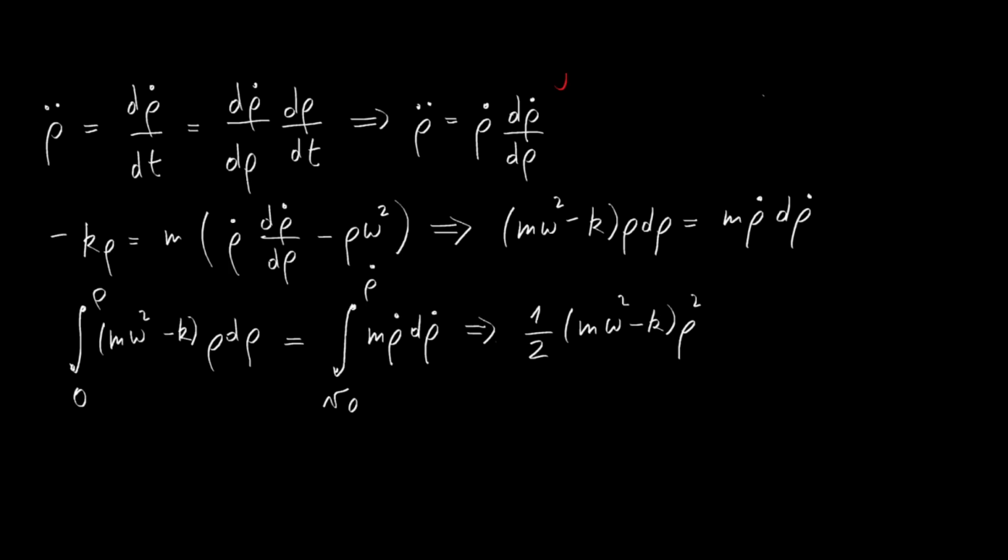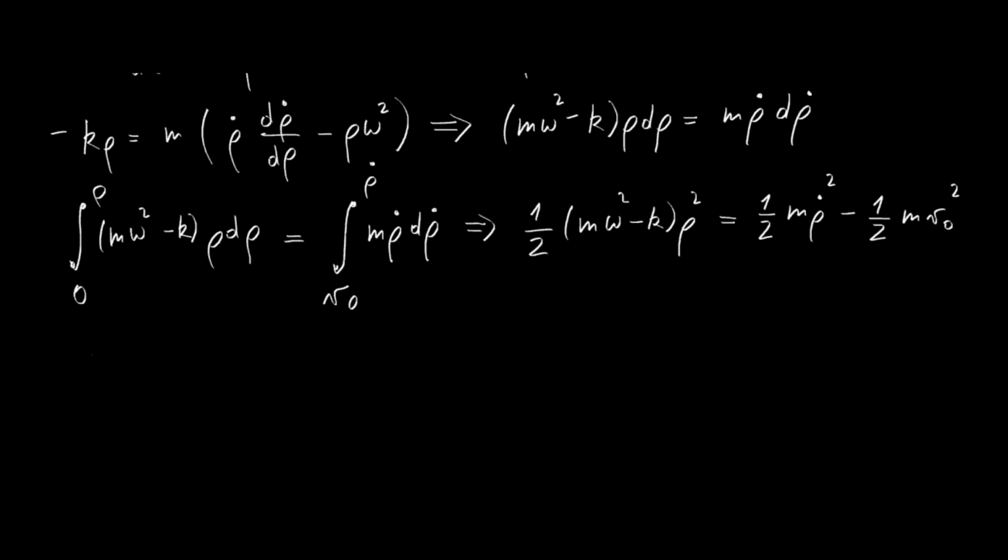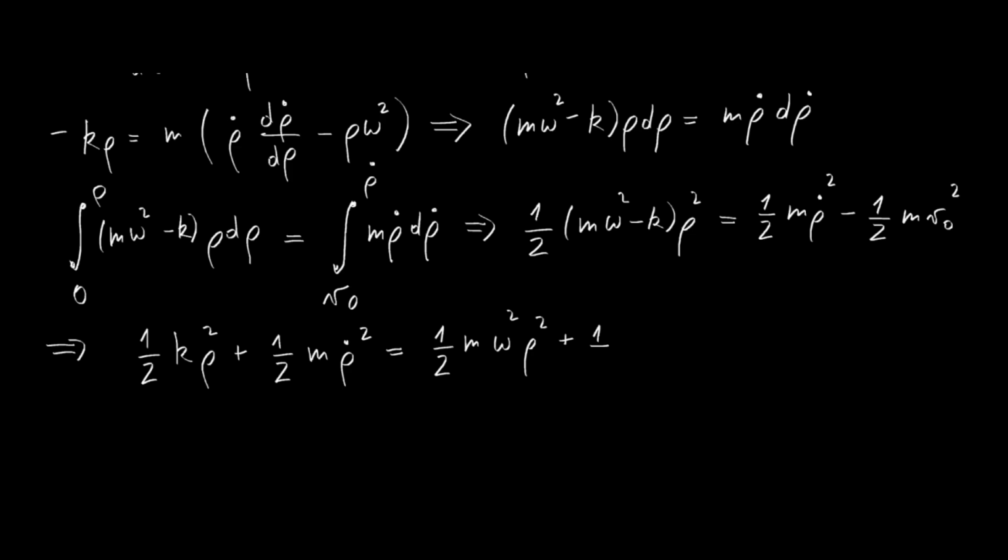The lower limit is just 0, and in the right hand side we will have 1/2 m rho dot square minus 1/2 m v 0 square, which this latter equation can be rearranged and written as follows: 1/2 k rho square plus 1/2 m rho dot square should be equal to 1/2 m omega square rho square plus 1/2 m times v0 square. So, very important result.